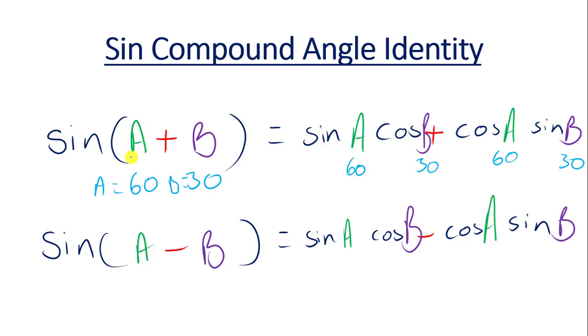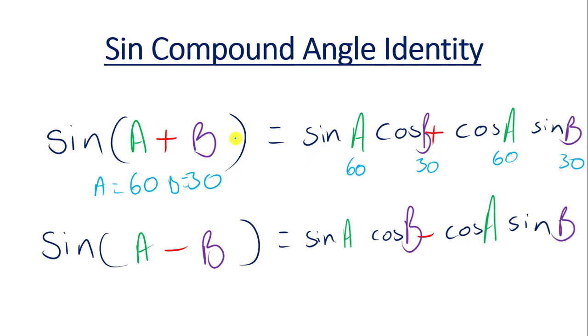One thing you should note about this form is that you should make sure your answer is in the format sine cos, cos sine. It follows this particular order, and if you put it in this order, it'll also be easier for you to note where your a is and where your b is, because the pattern is this.